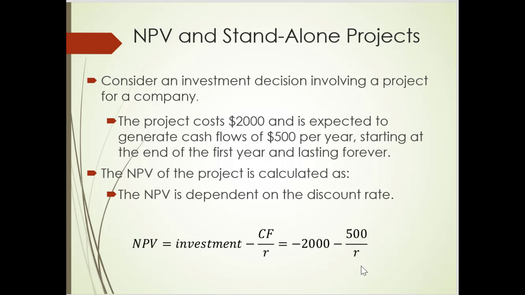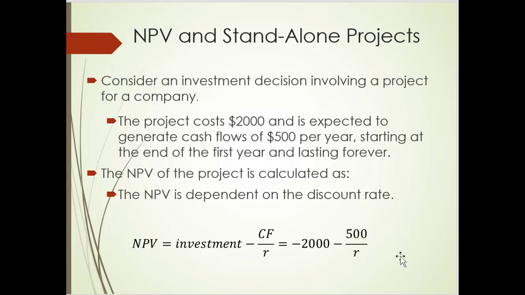Simply stated, the discount rate is the cost of financing the project. We have a concept of something called the weighted average cost of capital. And the weighted average cost of capital for a corporation measures the average cost of financing the assets of the company.